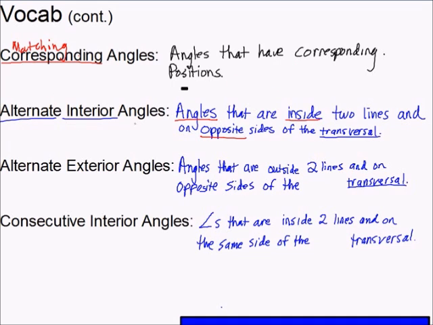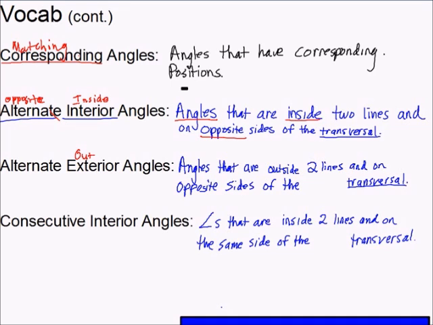Alternate interior angles. These are angles that are inside two lines, interior, inside, on opposite sides of the transversal. So here's your inside, and alternate means opposite. Again, alternate means opposite.